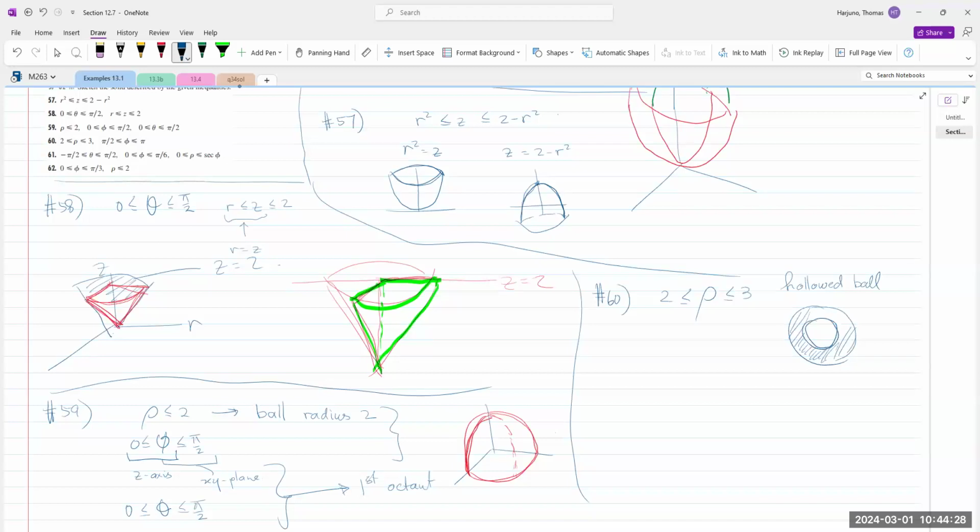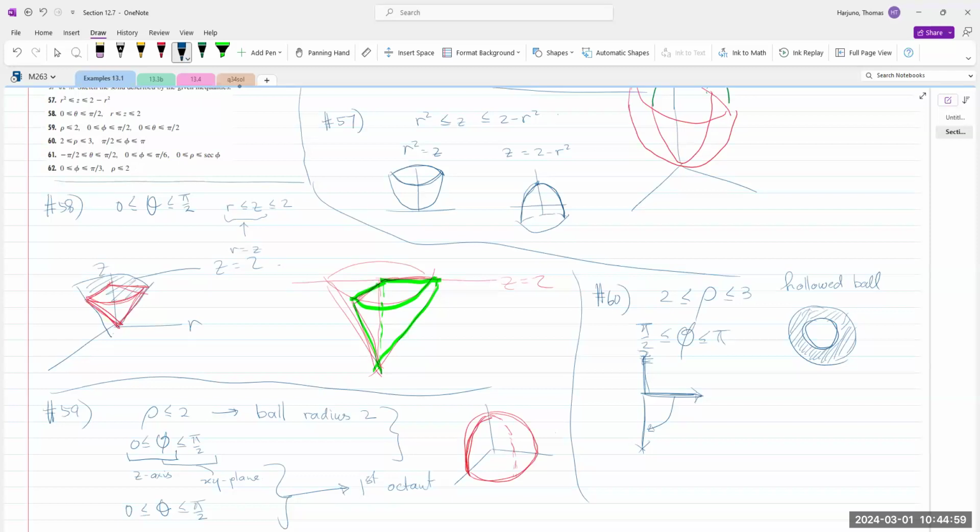So imagine this donut here, but it becomes a ball. Okay, and then what else? Phi is between pi over 2 and pi. Remember, phi is the angle from the z-axis, right? This is the positive z-axis. Then pi over 2 is the xy plane, and pi is the negative z-axis. So we are talking about this region, huh?